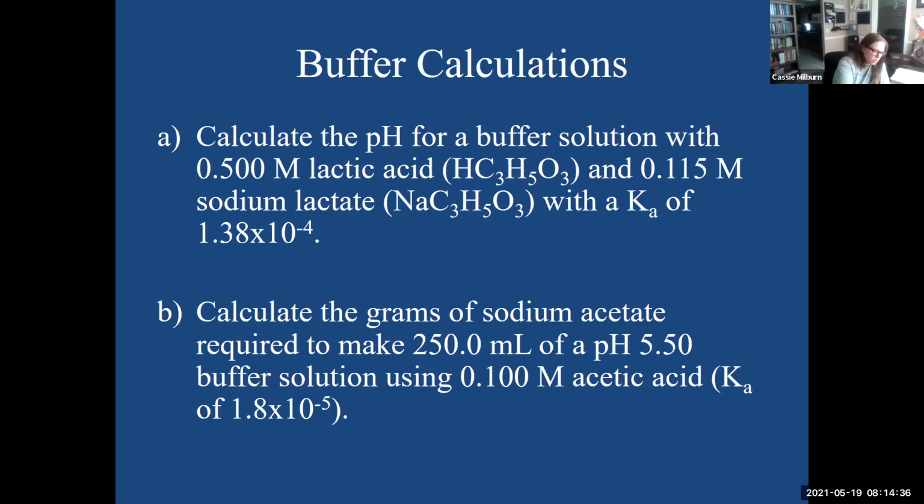You need your equation. We always start with our equation. So what are our reactants? Your lactic acid and sodium lactate.